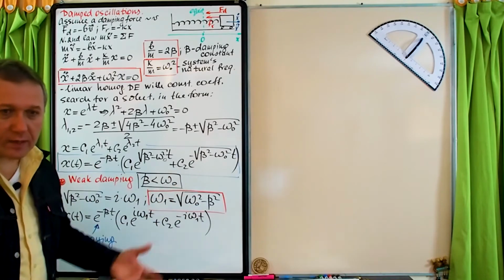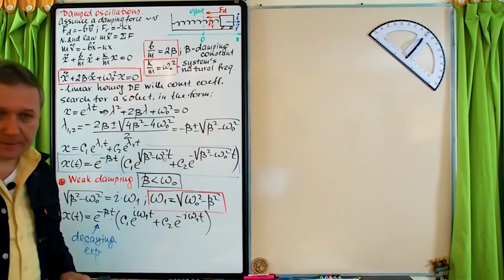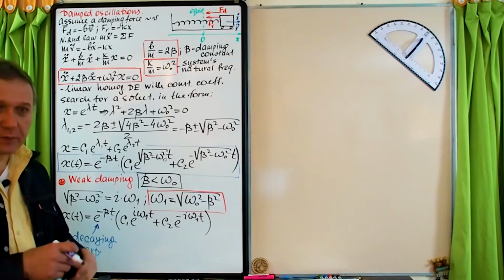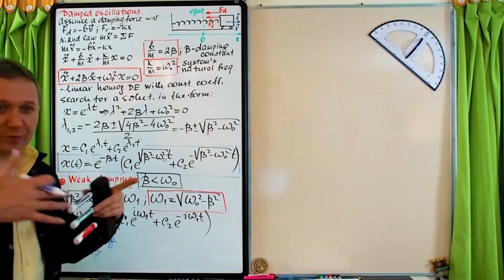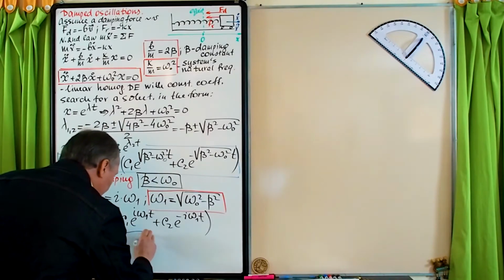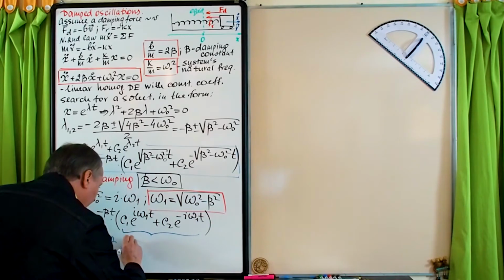So if you add damping, the system will still oscillate, but of course the frequency will be smaller. And the period, the time distance between peaks, is going to be larger, right? So this is undamped oscillations with lower frequency.